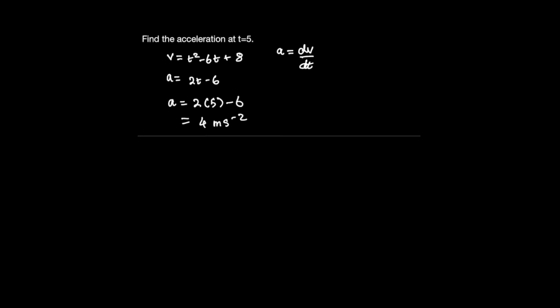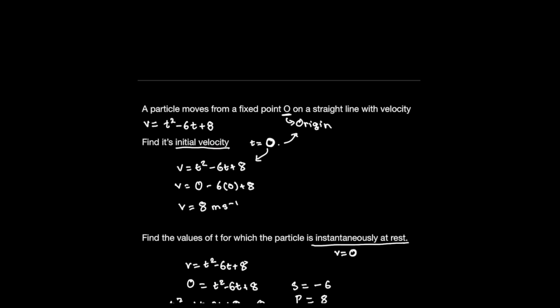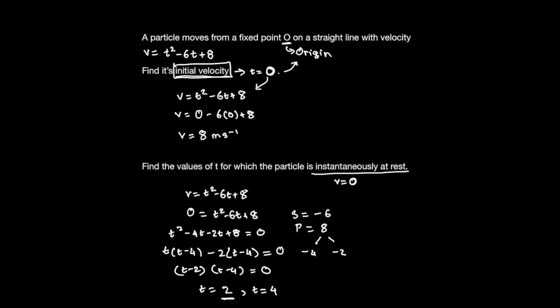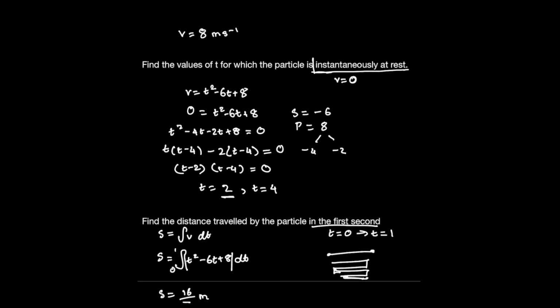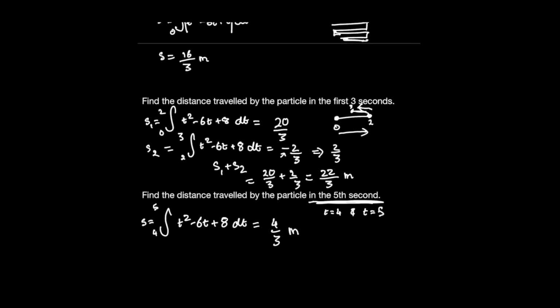That's basically it. So the keywords we're looking at are initial velocity, and remember that it's t equals 0, then instantaneously at rest, which means v equals 0, and then in the first second means between t equals 0 and t equals 1, and in the first 3 seconds means between t equals 0 and t equals 3.